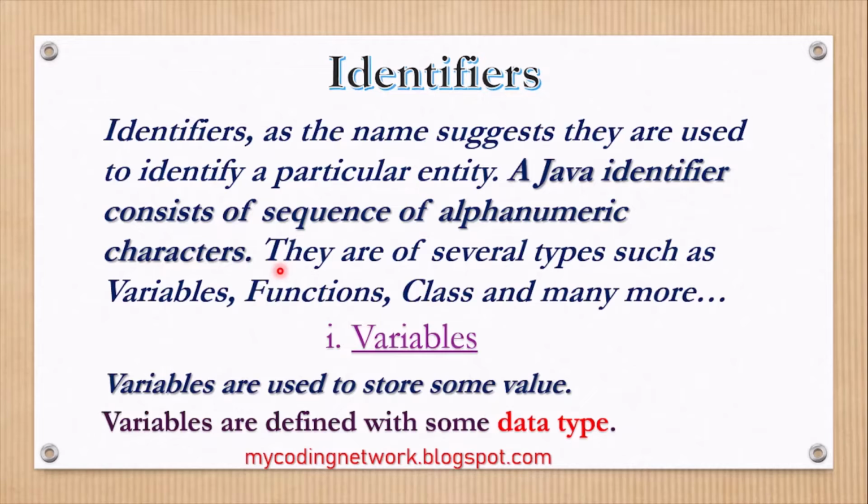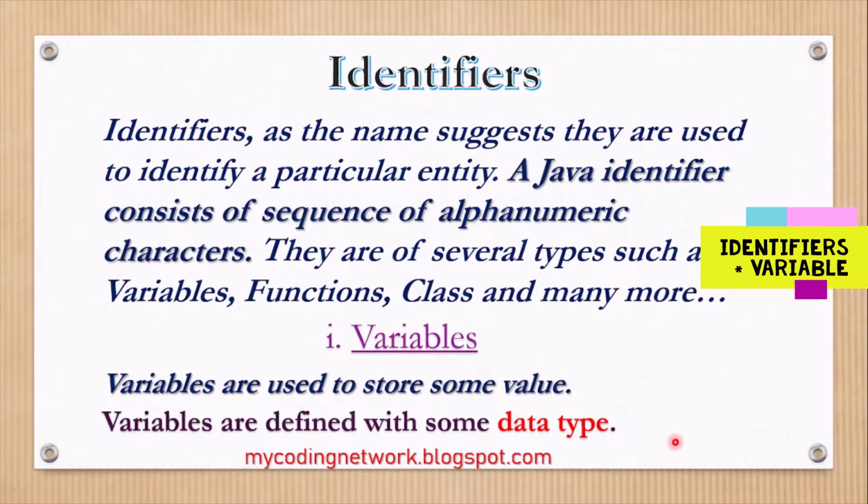Moving on further, in identifiers, we have several types such as variable, functions, class, and many more. In this video, we are going to talk about the first three, which are variable, function, and class. Why these three? Because these are very important parts of any program. Firstly, variables you can understand as containers.